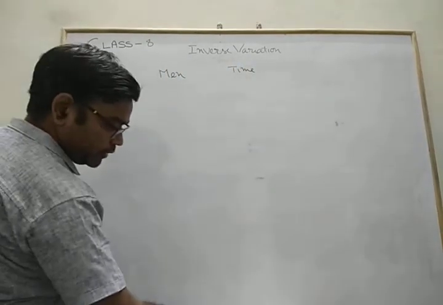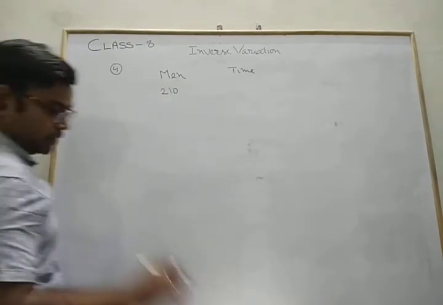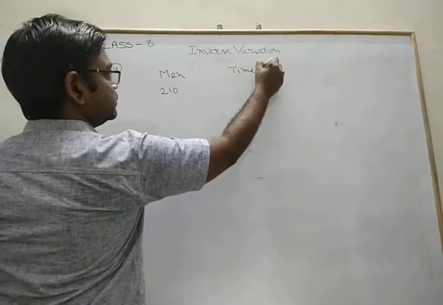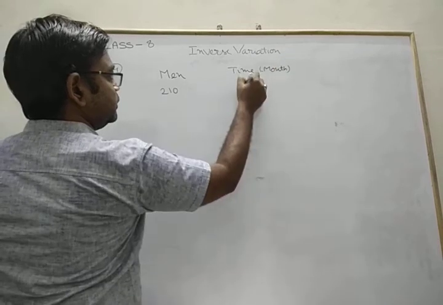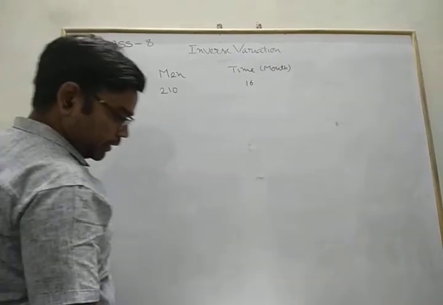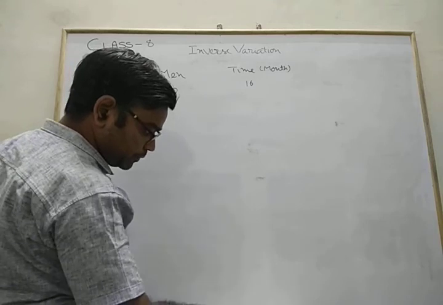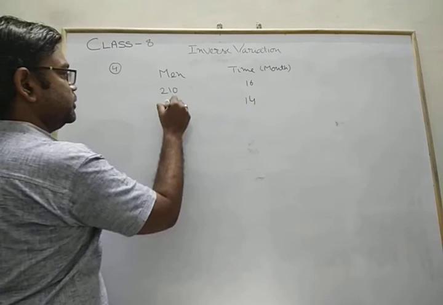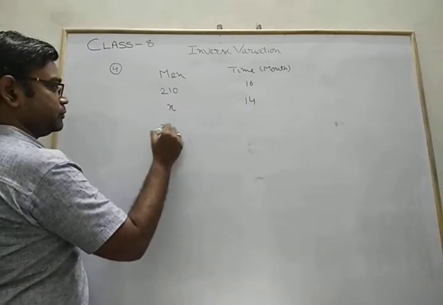It says that 210 men is there, and they complete the work in 16 months. How many more persons are needed to finish in 14 months? Suppose it's x. So it is an inverse variation.